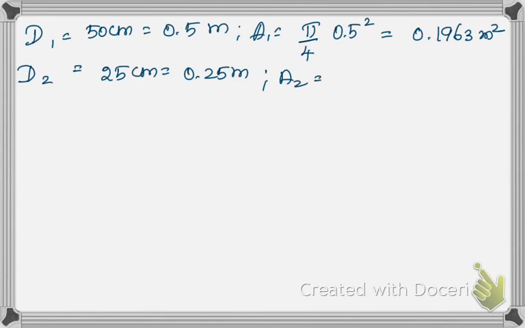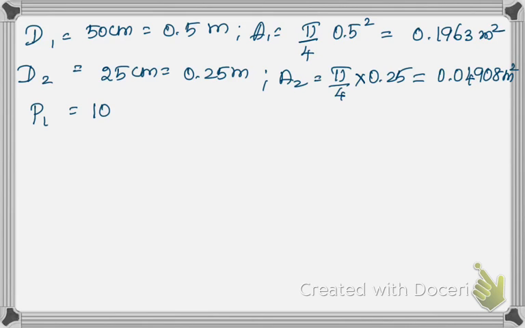A2 will be equal to pi by 4 into 0.25 square, which is equal to 0.04908 meter square. And the pressure in the larger pipe, P1, we can straight away take in Newton per meter square. That will be easier for us because we will be writing everything in terms of Newton per meter square.